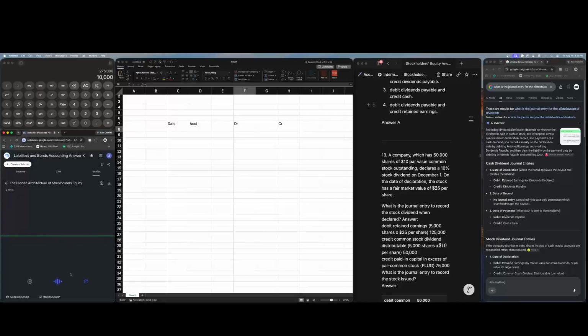So what if it was more than 25%? A 10% stock dividend would mean an additional 10% of the outstanding stock.